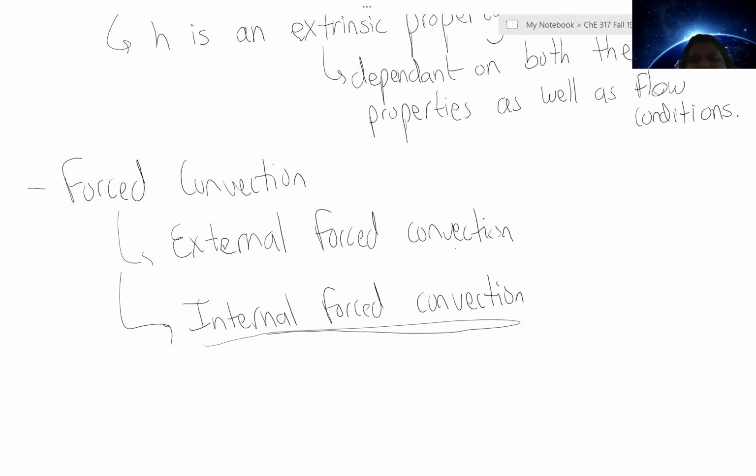External forced convection can occur in systems where you have flow through ditches, streams, things like that. A lot of civil engineering applications can exist as external forced convection. When it comes to process operations and chemical systems, internal forced convection is by far the standard. And so this is essentially flow through pipes and heat exchangers.